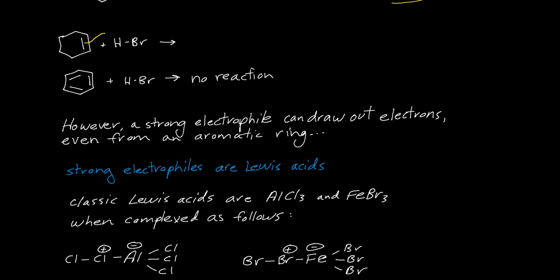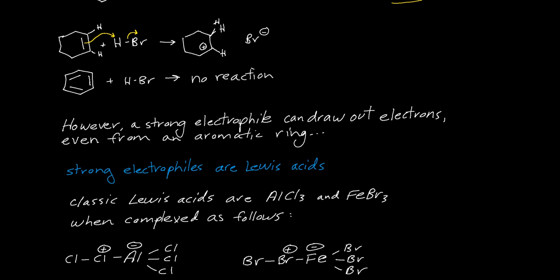So this reaction is very easy. HBr can protonate an alkene like this. So actually there's protons already there. Get a plus charge here. Secondary carbocation, reasonably stable.